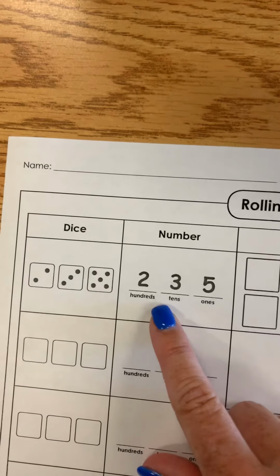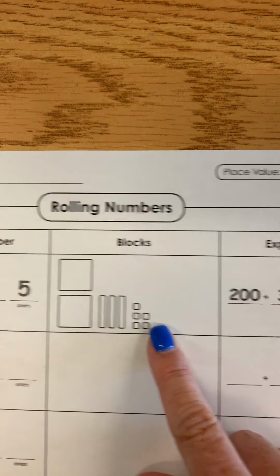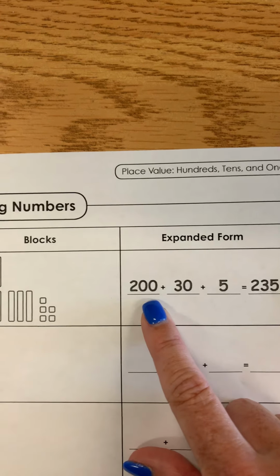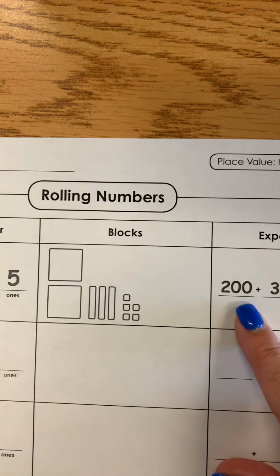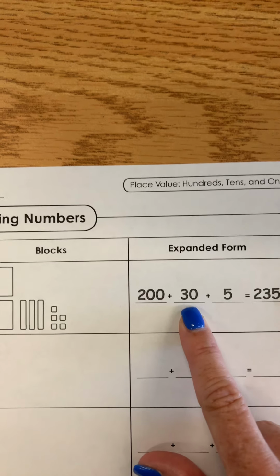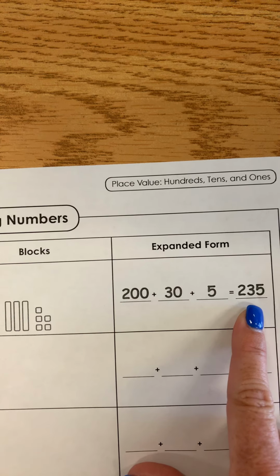Okay, this is how we write it in standard form, pictorial form, and then I'm going to take it one step further and put it in expanded form. So since I have 2 of those hundreds flats, it's 200 plus 30 plus 5 equals 235.